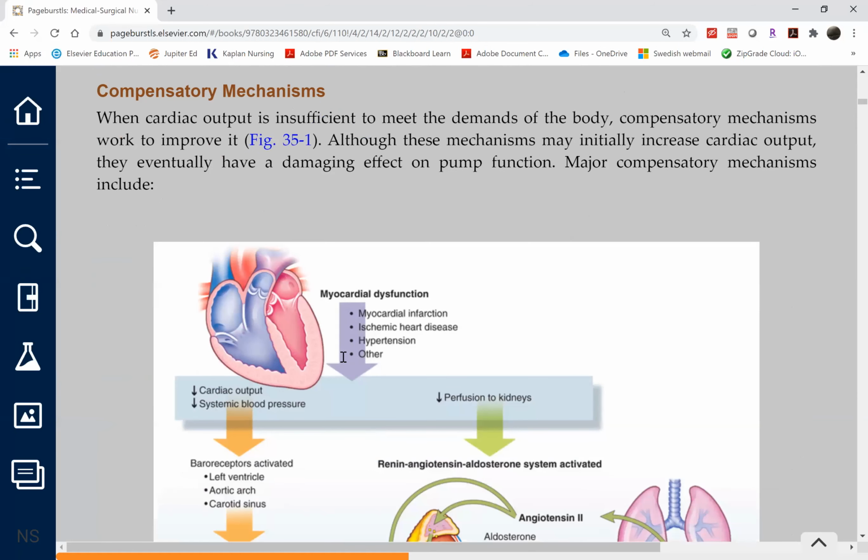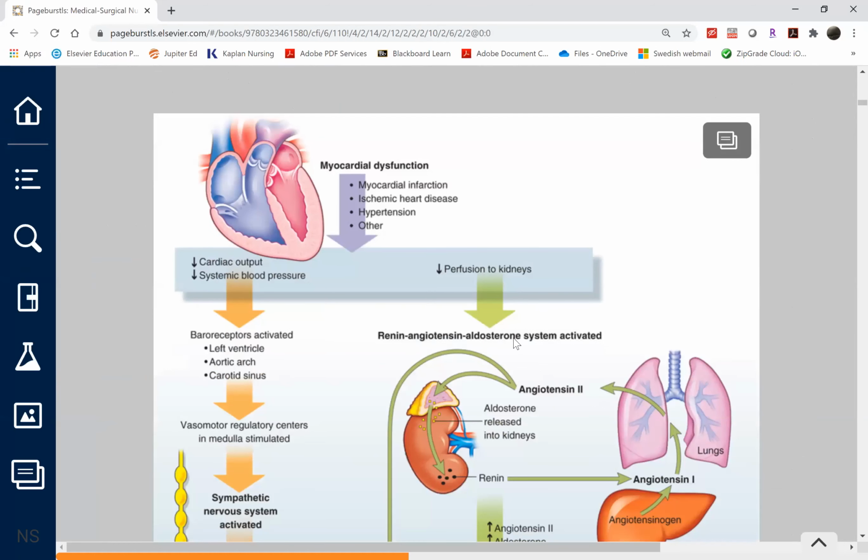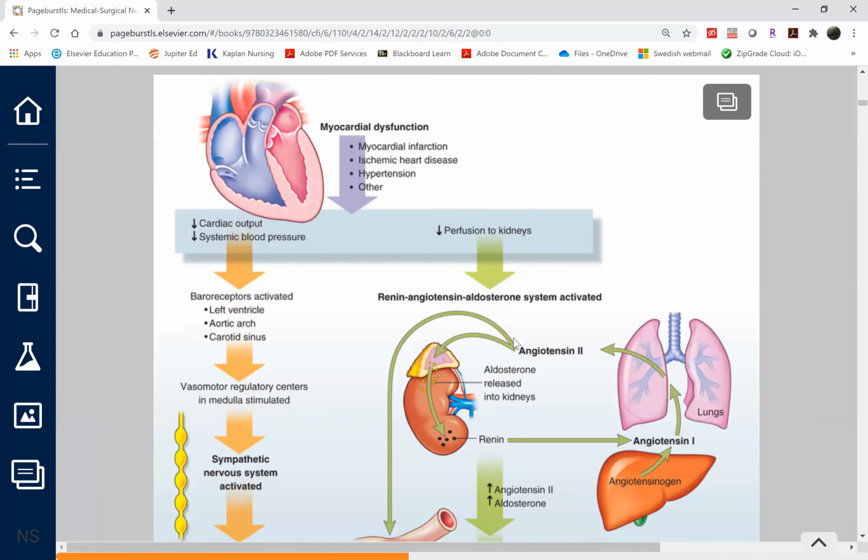The signs and symptoms here are mostly created by your compensatory responses or compensatory mechanisms. Now, remember this in chapter 11? Yes, okay.